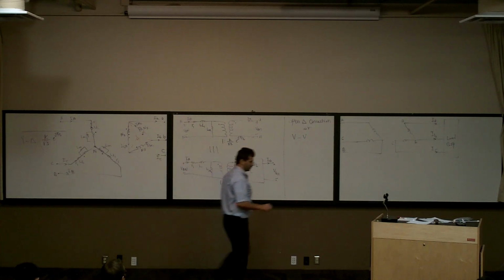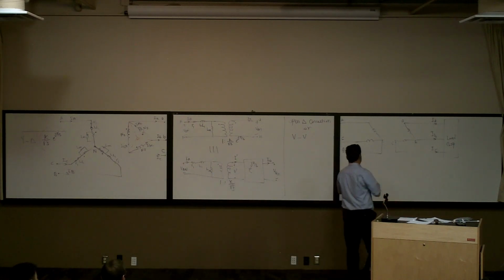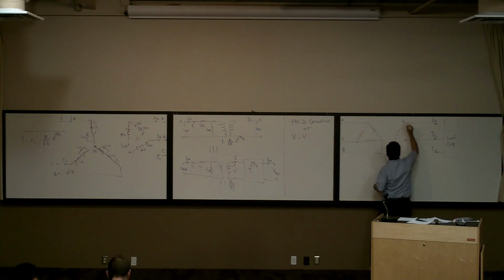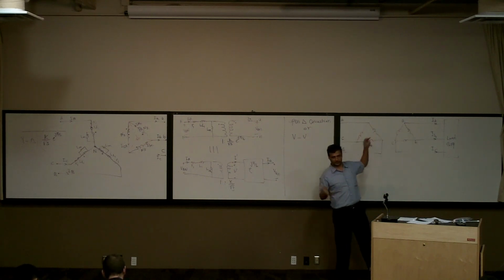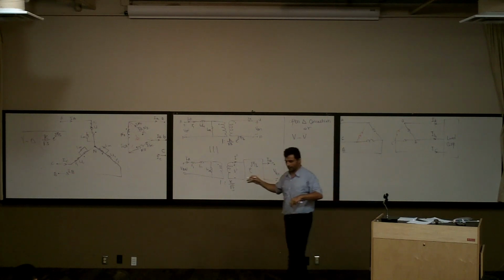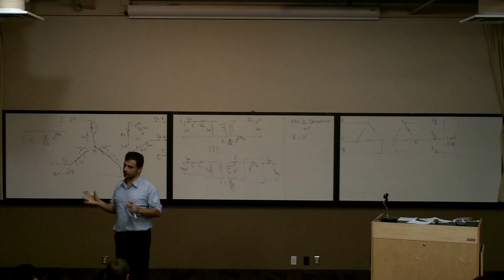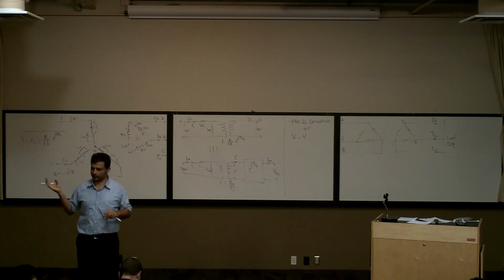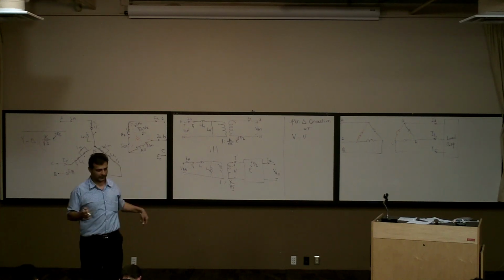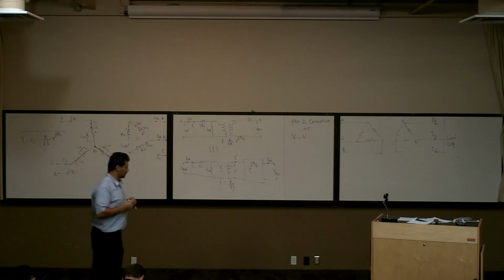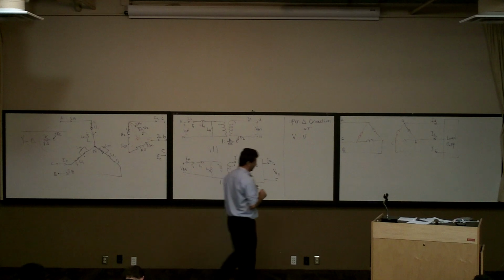I'm going to put this one in the other color. So basically, initially it was a delta delta. Something happened. So we had three single phase transformers, right? One of these transformers is not working anymore. We have to take it off the circuit. When I calculate the equation, I'll tell you what's the advantage of this circuit. We'll talk about that. Let's go through the equation first.